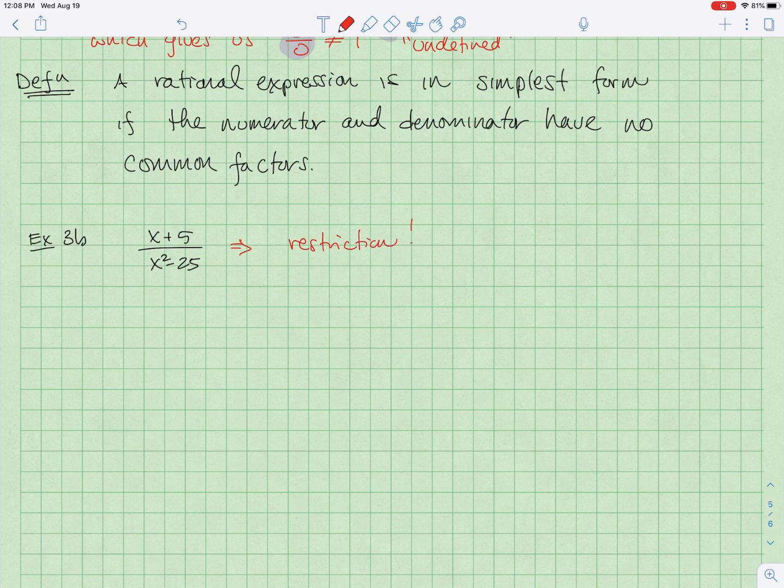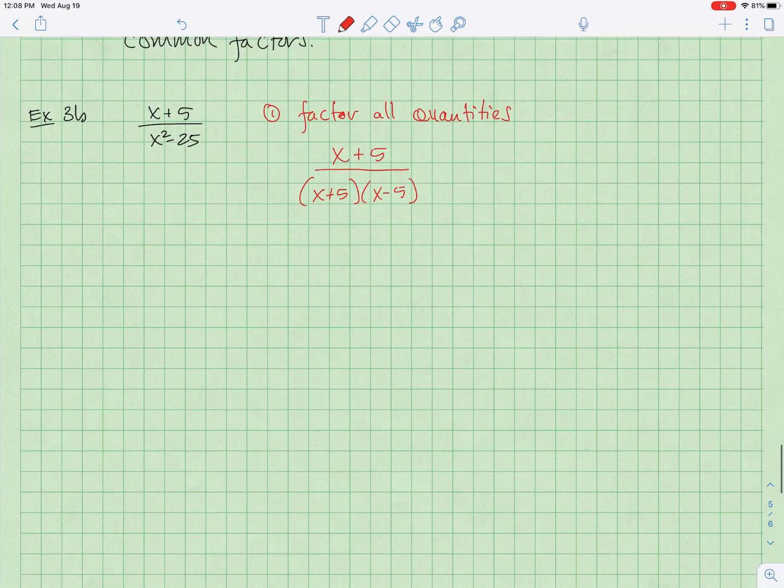Maybe the first thing that we should do is actually factor everything, because we're going to need to factor to find our restriction anyway. So factor all quantities. Here that's x plus 5 over x plus 5 times x minus 5.